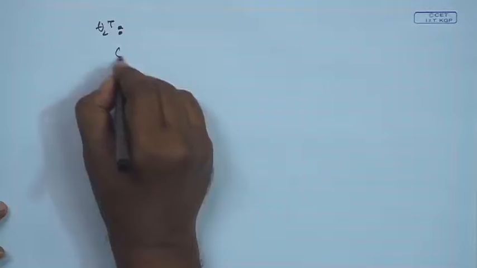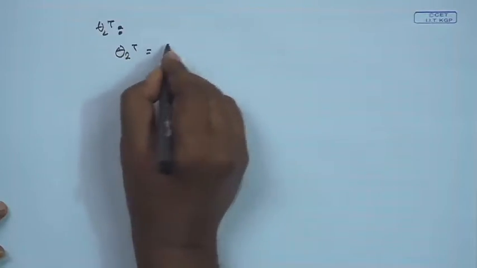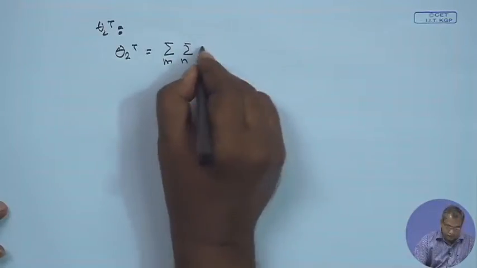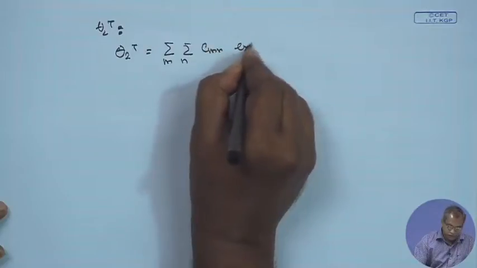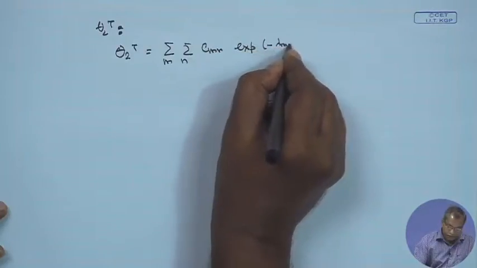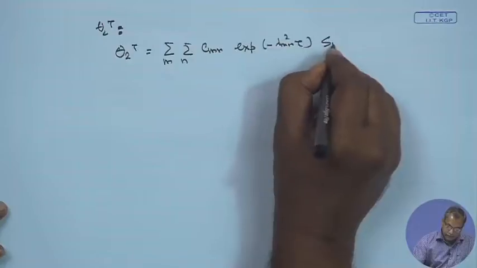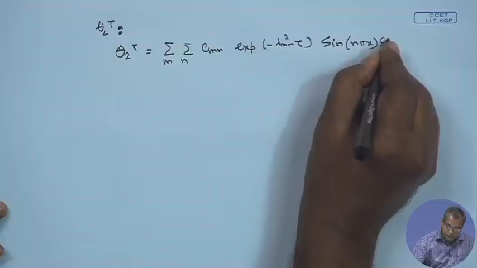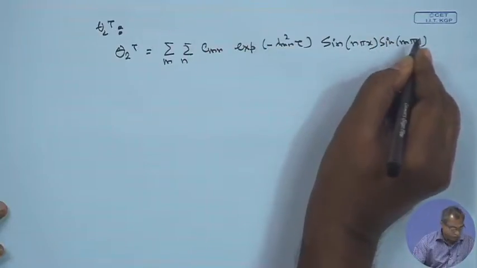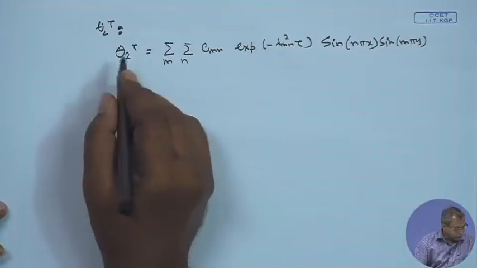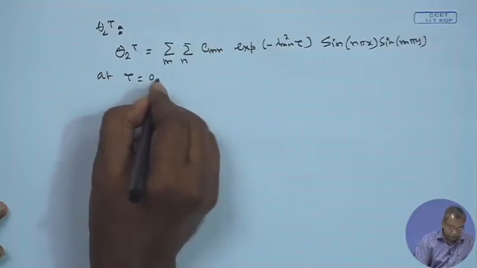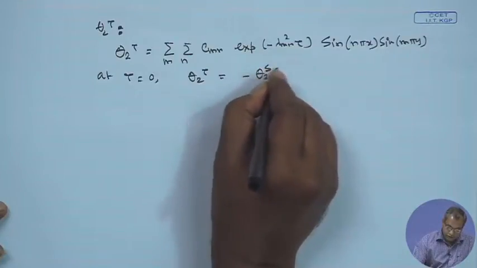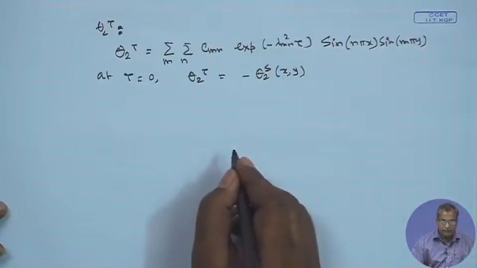So theta 2 of tau will be the summation over m, summation over n, C_mn exponential minus lambda_mn squared tau, sin n pi x sin m pi y. And at tau equal to 0, we have the initial condition theta 2 will be nothing but minus theta 2s, which is the solution of the steady state part.